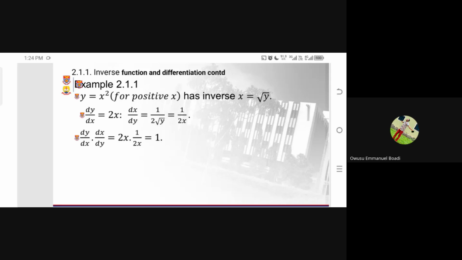What are we getting? 2x. And then let's find dx dy. Because now when you found the inverse, you had x equals root y, right? So what will be dx dy?